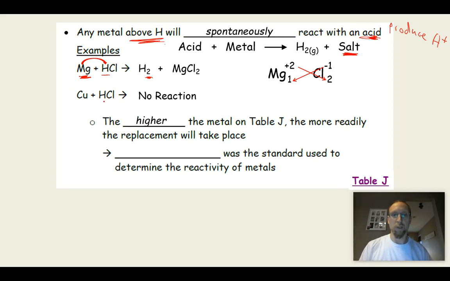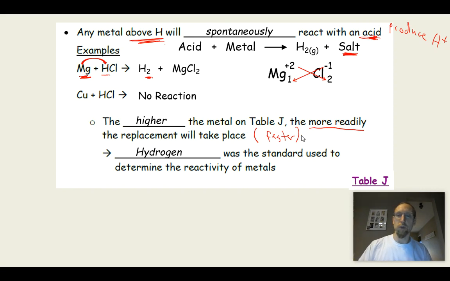The higher the metal on table J, the more readily the replacement will take place. What does that mean? That just means it's going to happen faster. If it's higher up, it's going to react even more vigorously. The other thing you want to remember is that hydrogen is the standard used to determine the reactivity of metals.